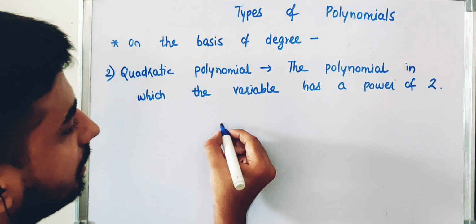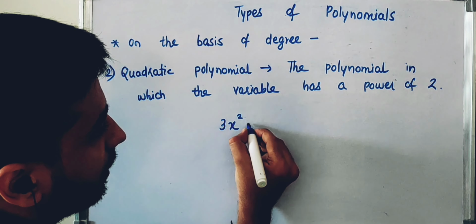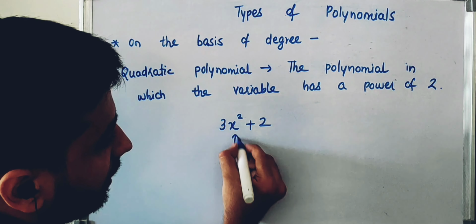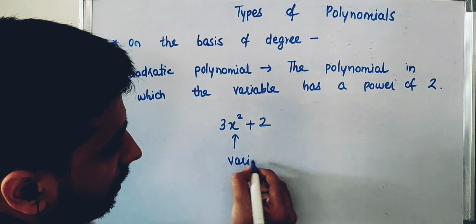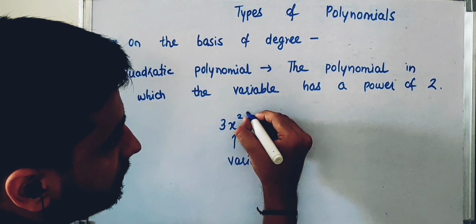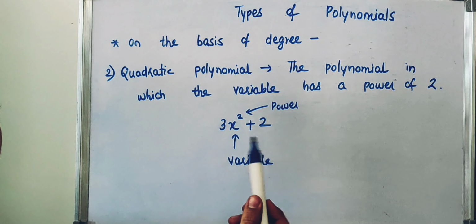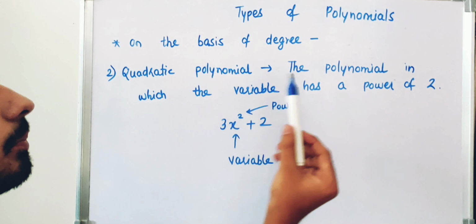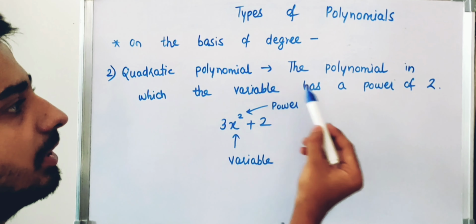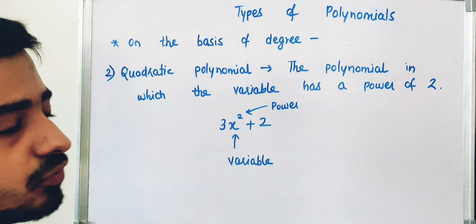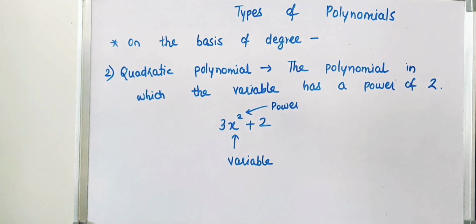Let us see one example: 3x square plus 2, where x is the variable. What is the power of the variable? The power of the variable is 2. Therefore, what is a quadratic polynomial? The polynomial in which the variable has a power of 2 is known as quadratic polynomial. Clear?